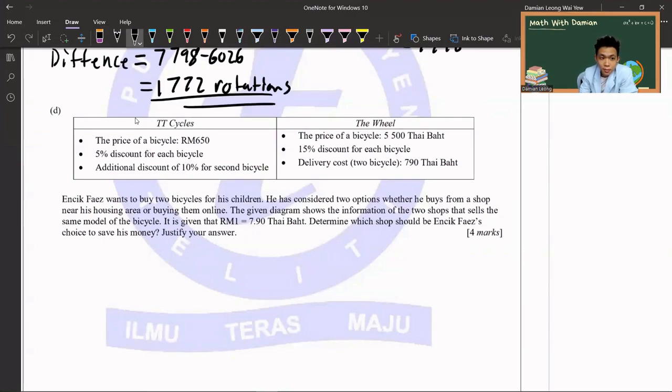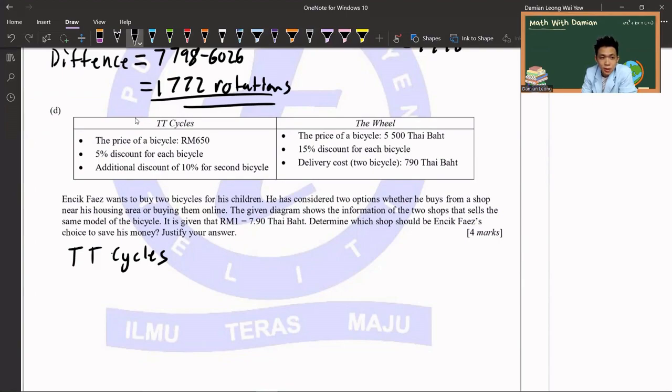So for TT cycles, okay, we consider the total he has to pay. So it's 5% discount for each bicycle.